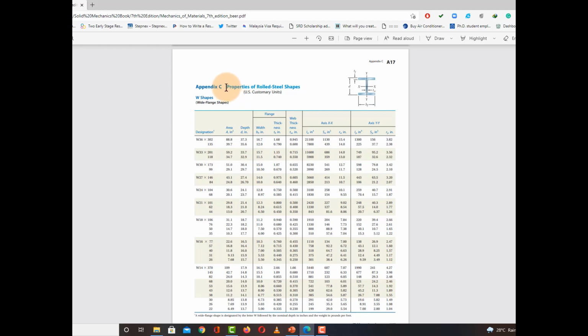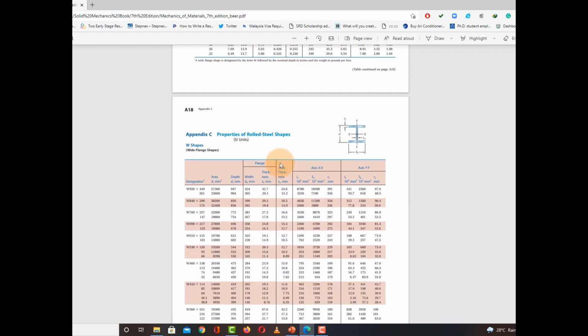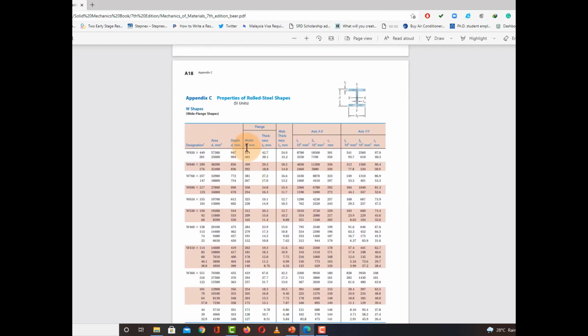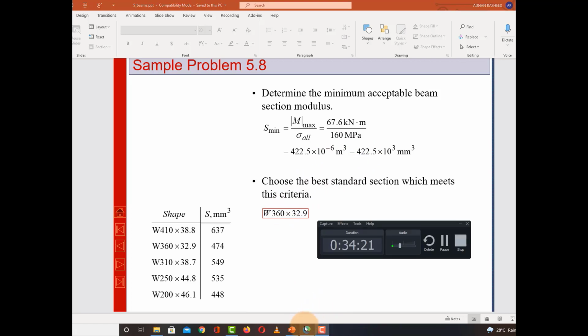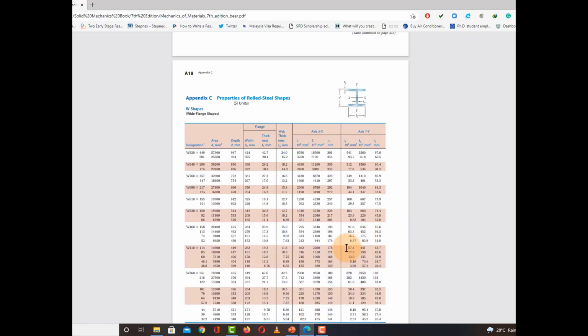Also you have to see whether you are selecting a table having properties in millimeters or in inches. You can see here the properties are in inches, so you have to go toward the millimeter table. So these are in millimeter. The minimum section modulus was 422, so you have to select the minimum section modulus, that is 422.